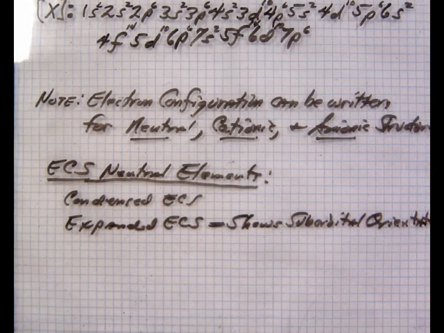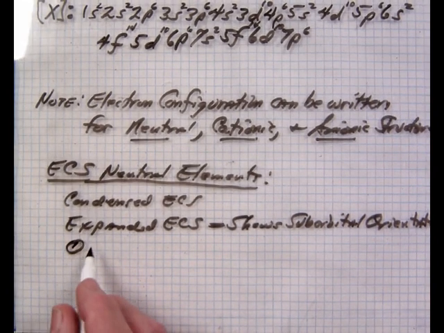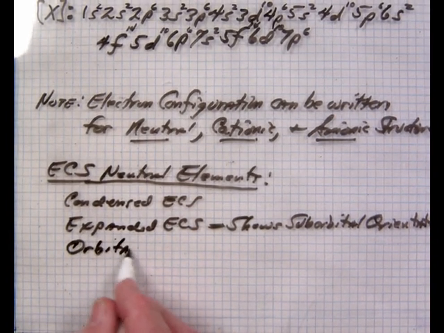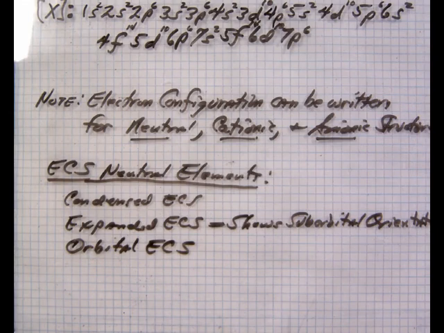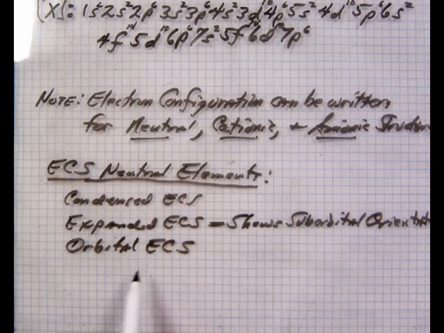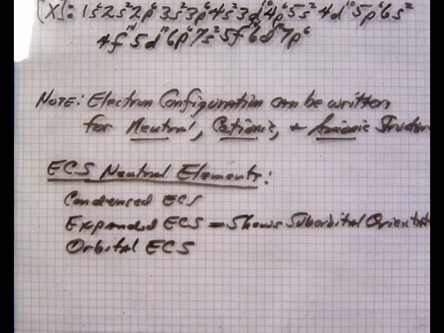And then you call orbital diagrams, orbital electron configurations. Okay? And when we write orbital configurations, typically we have a condensed orbital configuration.